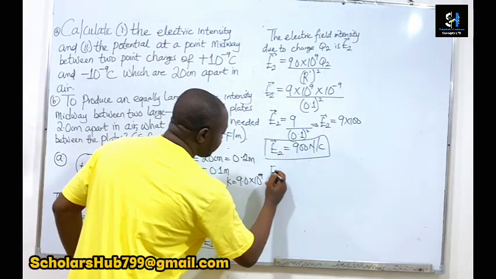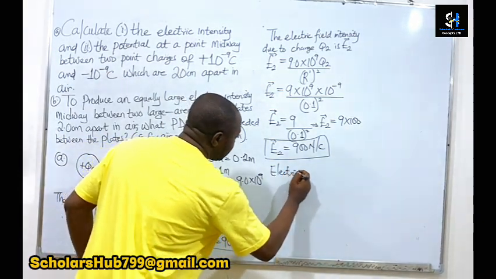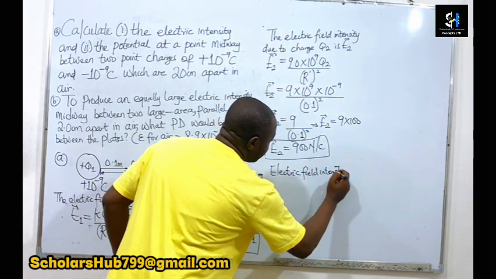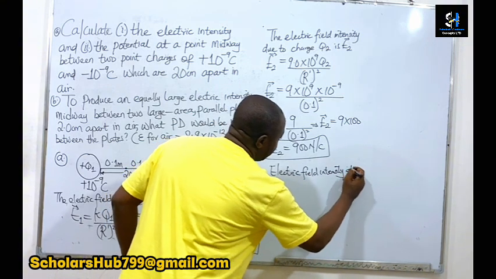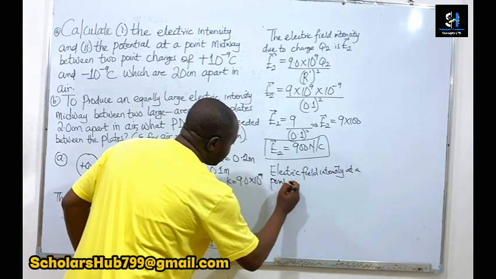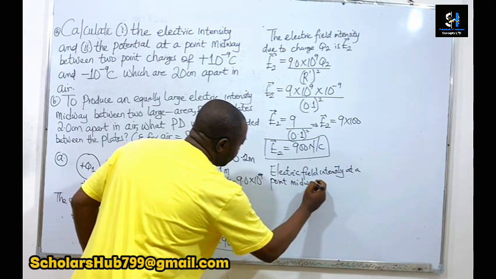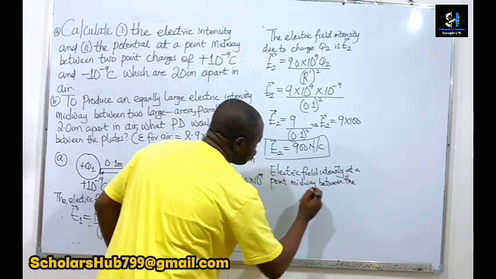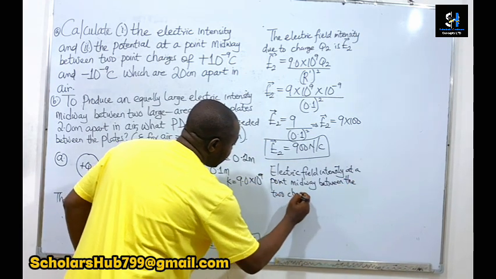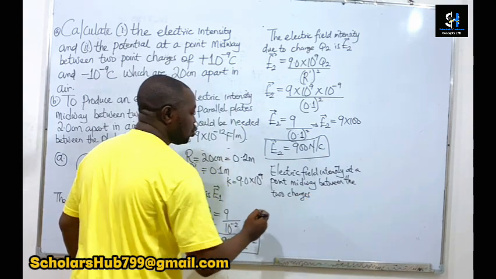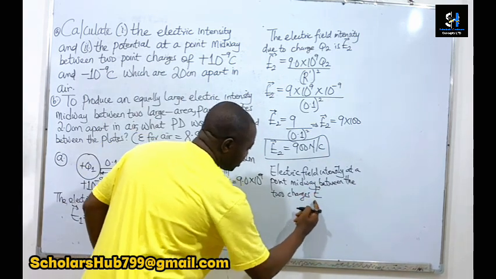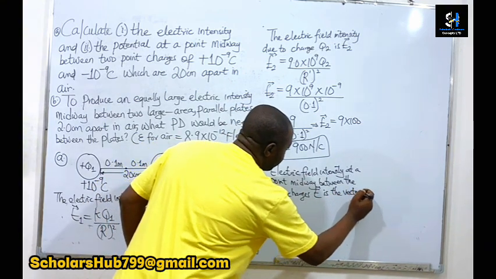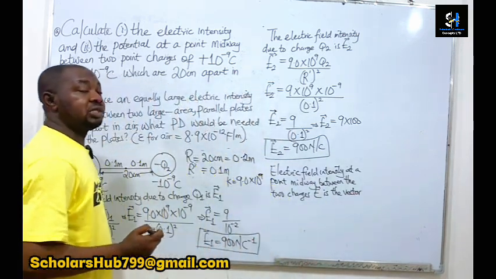So which means electric field intensity at a point midway between the two charges, which I'm going to denote with E, is the vector sum, because electric field intensity is a vector quantity.